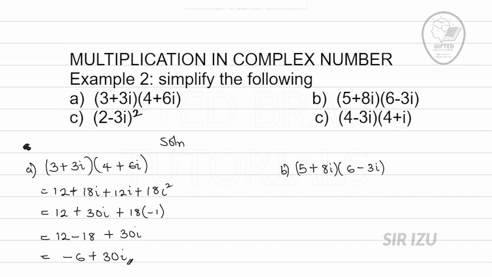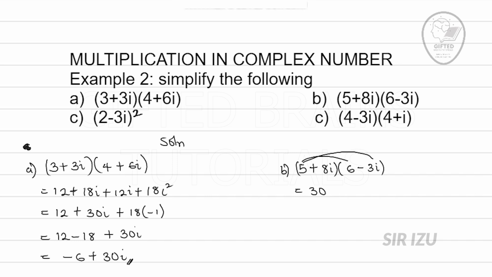Here, (5 + 8i) in bracket multiplied by (6 - 3i) in bracket as well. Likewise the same, use the 5 first of all to multiply the 6, and use the same 5 to multiply the 3i, just our normal multiplication. So 5 multiplying 6 firstly will give us 30.